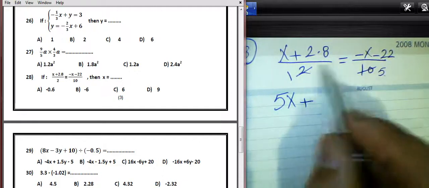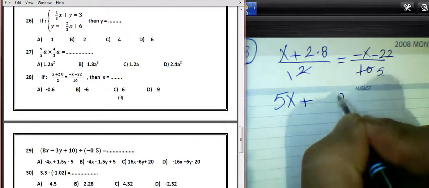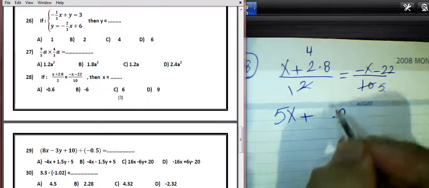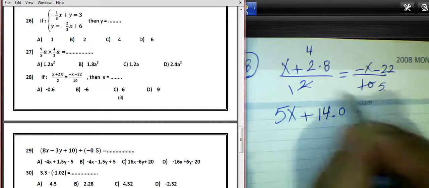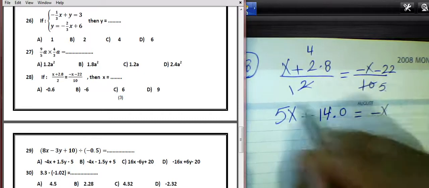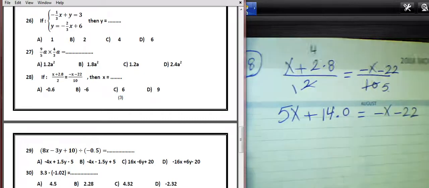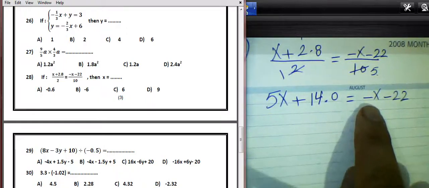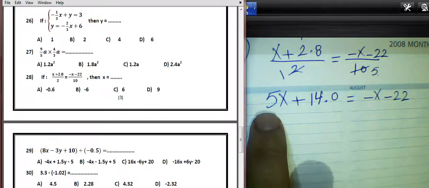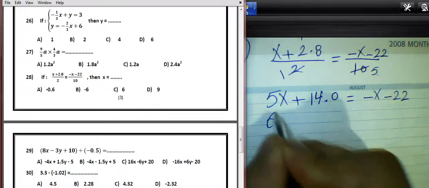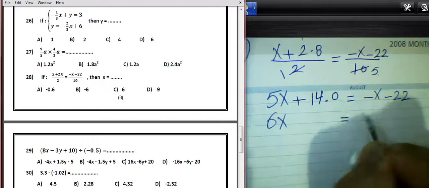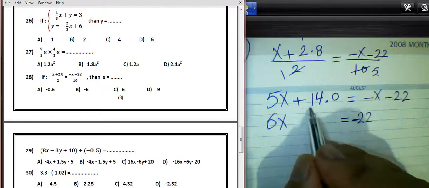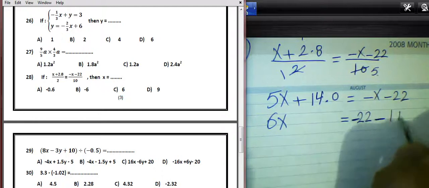5 times 2.8, 5 times 8 equal 40, write 0 and carry 4. 2 times 5 equal 10, 10 plus 4 equal 14. Equal, 1 times negative x equal negative x, 1 times negative 22 equal negative 22. Negative x, we will move this term from the right-hand side to the left-hand side. 5x plus x equals 6x equal negative 22, and 14 we can write as negative 14 here.